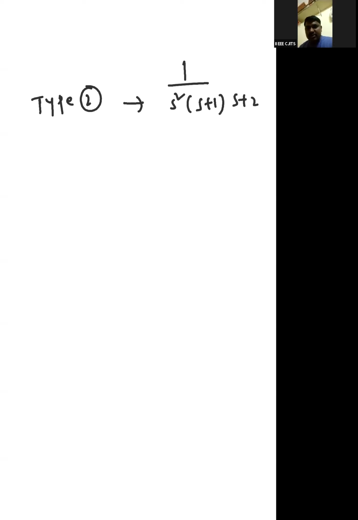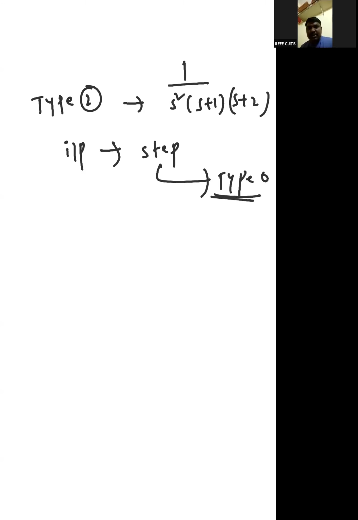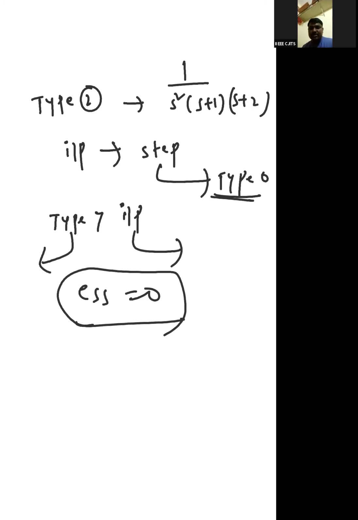If the input is step, the step input we can calculate only for type 0. So the type is more when compared to the input. Input is step, type 0, type is more, so that's why the steady state error becomes 0. Definitely, the steady state error will become 0.